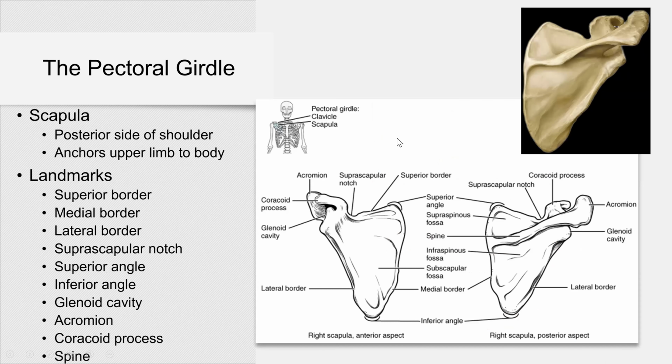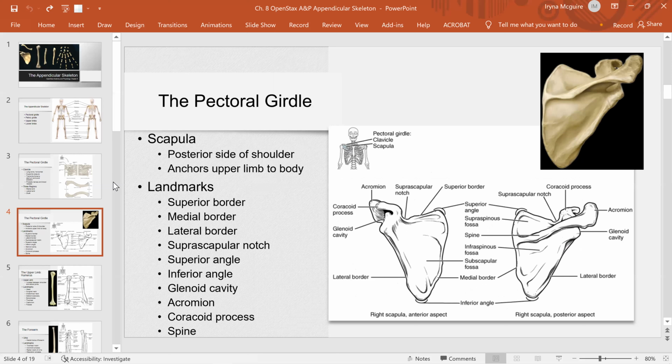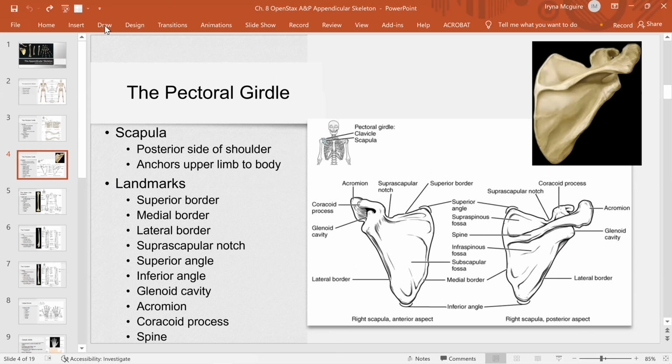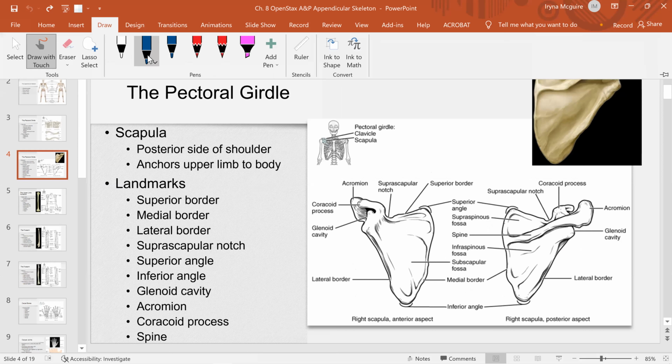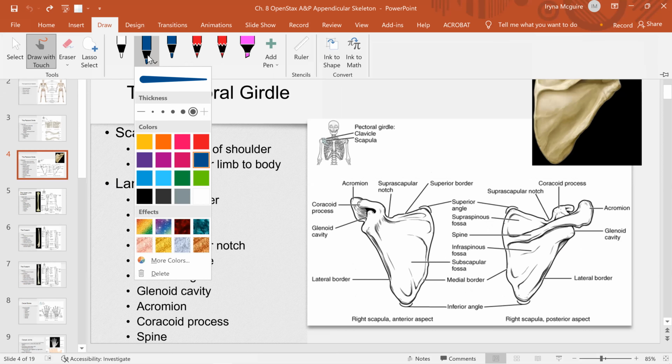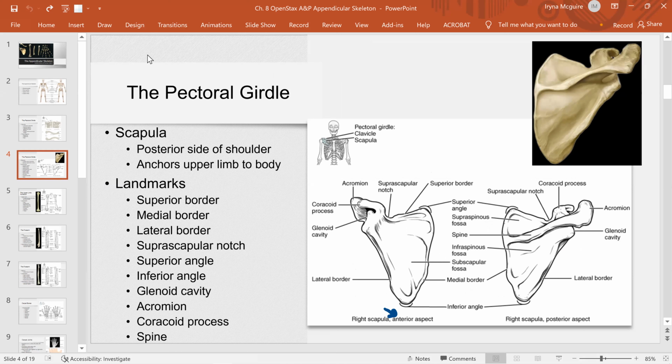Now, the scapula is on the posterior side of the shoulder, it also anchors your upper limb to the body, and it has several landmarks. So here you can look at the anterior part. So this is our anterior aspect, and this is the posterior aspect of the scapula.